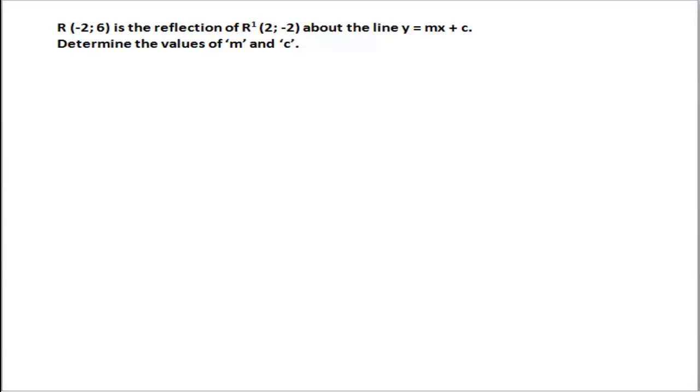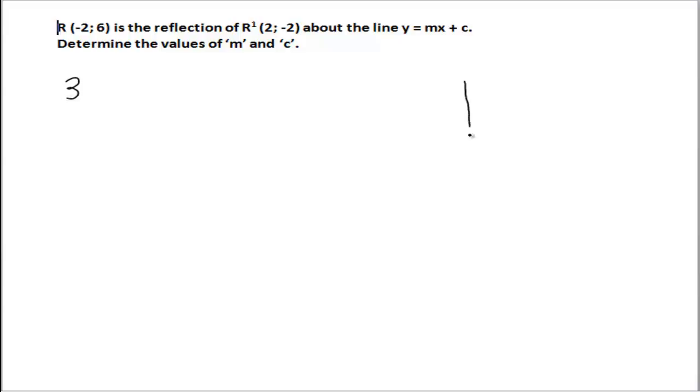This problem here is number 3. It says that R, minus 2, 6, is the reflection of R prime about the line y is equal to mx plus c.